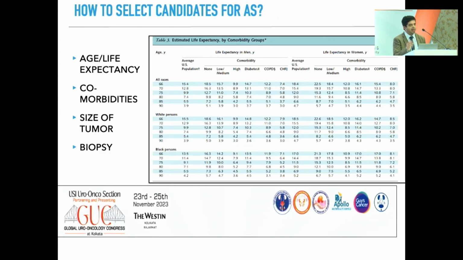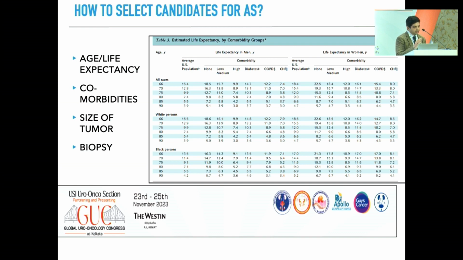So how to select candidates for active surveillance? Logically speaking, as we have gone through the discussion so far, age is a factor, how much life expectancy is remaining is a factor, the comorbidities and the size of the tumor, and biopsy, if it has been done, can help us decide whether to put the patient on active surveillance or whether to intervene. There are various life expectancy calculators available.